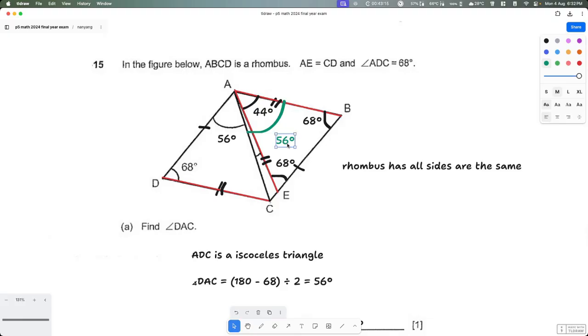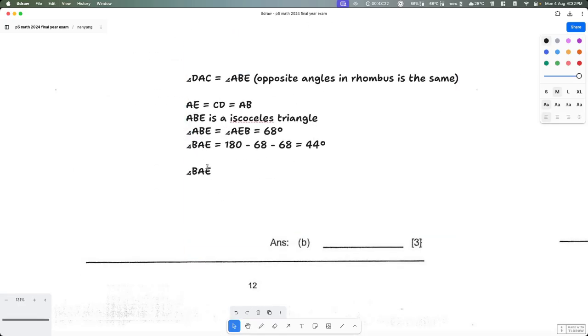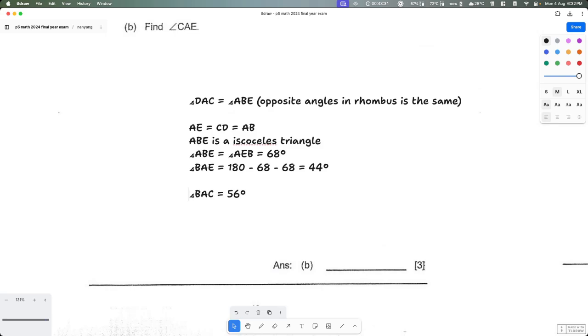Okay. So angle BAC is also 56 degrees. So that means angle CAE is equal to 56 minus 44.